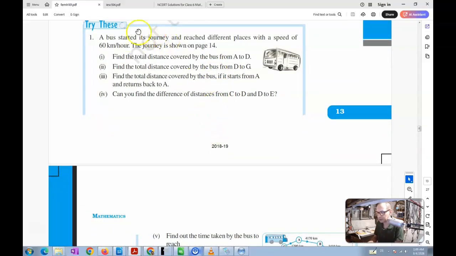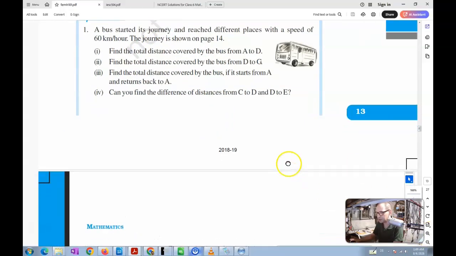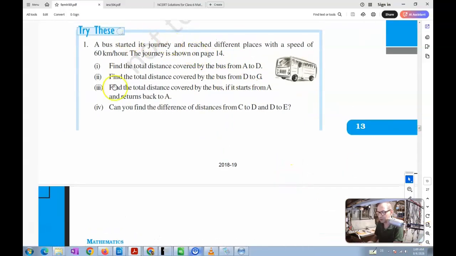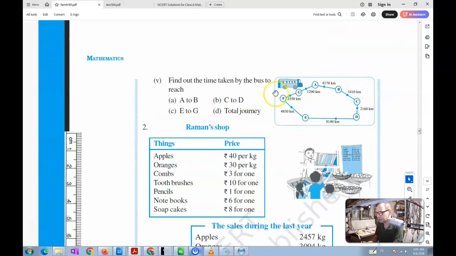But the rest of this material is pretty useful, meaning that this is actually related to learning mathematics. So it says, for example, that the bus started its journey and reached different places with a speed of 60 kilometers per hour. The journey is shown on page 14, which is this journey over here.